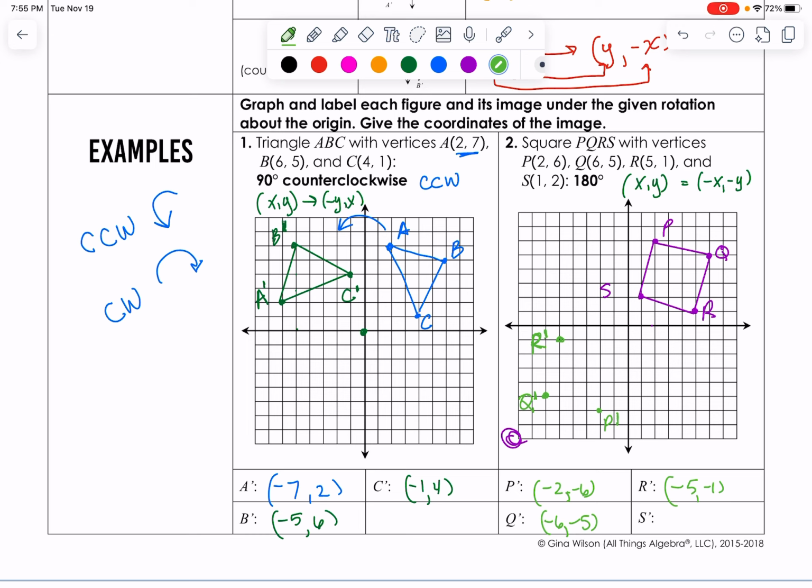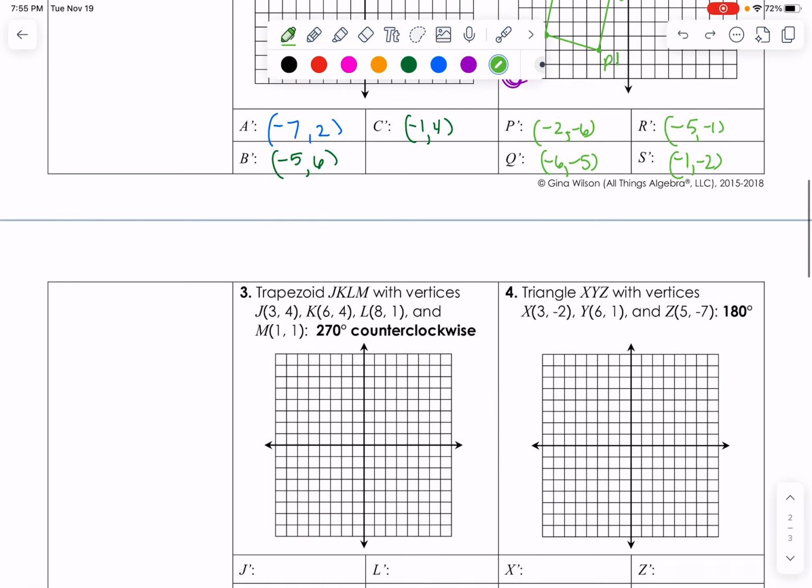S is 1, negative 2... S becomes negative 1, 2. So if I rotate this 180 degrees, that's where I get. Okay? So again, remembering how we got there, the pattern for each one is what we need.